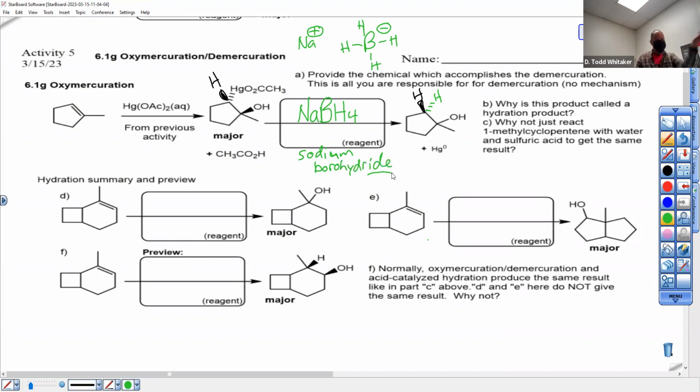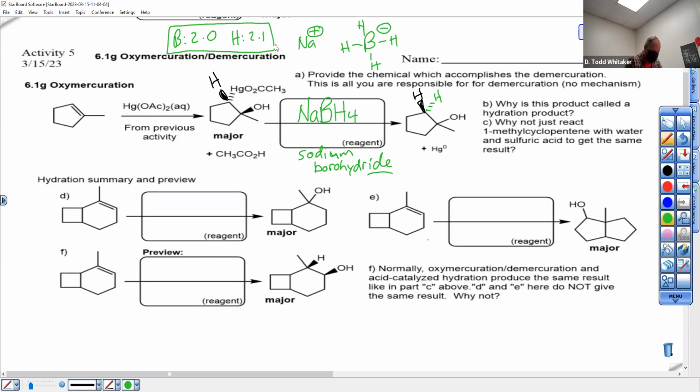Because the H's are attached to a less electronegative atom. You forgot that? B, 2.0, H, 2.1. Not allowed to forget it, everybody. Okay? And that's all you're responsible for. Provide that chemical for me.